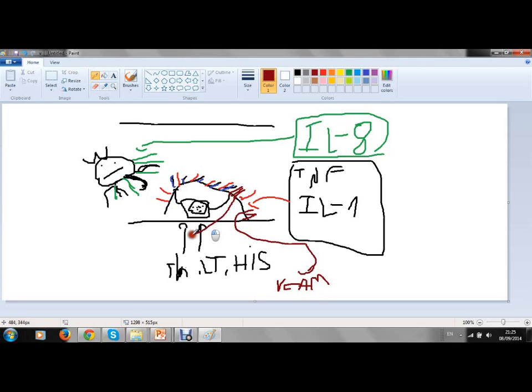And also ICAM. This is short for vascular cell adhesion molecule and intercellular adhesion molecule. So vascular cell adhesion molecule and intercellular adhesion molecule will associate with the integrins and help the white blood cell to integrate.